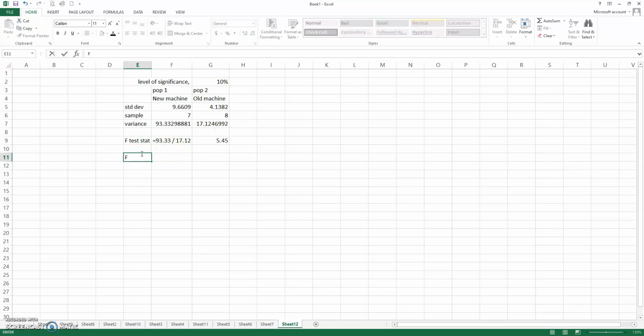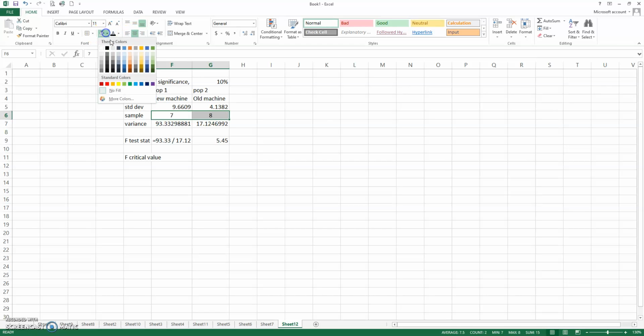One thing we want to find is our critical value. Remember, it has n-1 degrees of freedom in the numerator and n-1 degrees of freedom in the denominator. These are the sample sizes, so those are the respective n values for the two different populations we have. So we're going to have 6 degrees of freedom.